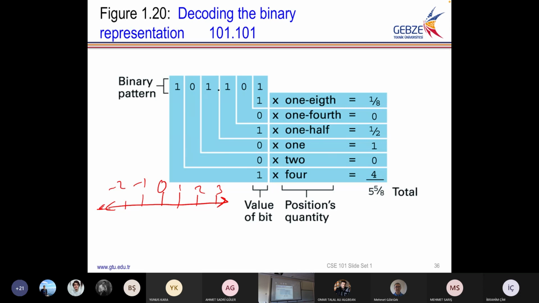However, if you keep adding to a binary number, what is the maximum number you can achieve with this? Think about all positive. 255, right? What happens if you add one more? For example, 1, 1, 1, 1, 1, 1, 1, 1.